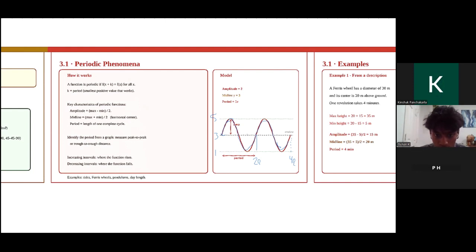So if you look from 0 to 2 pi, it's going to look identical to 2 pi to 4 pi, and that's going to look identical to, for example, 2000 pi to 2002 pi, because it's a periodic function. It just repeats.